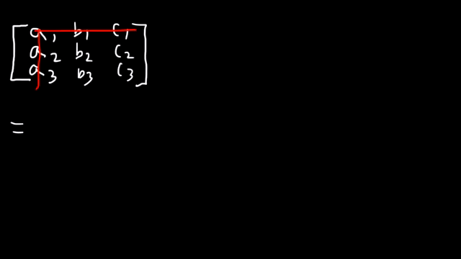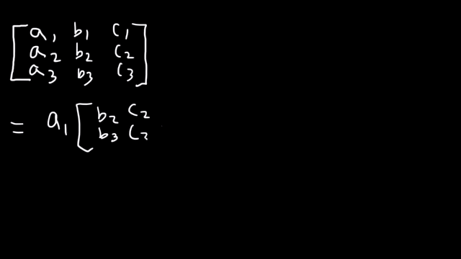And notice what you have left over: B2, C2, B3, C3. So you're going to use A1, and it's going to be reduced to a 2x2 matrix. So it's going to be A1, and then B2, C2, B3, C3. When you cross out row 1 and column 1, you'll be left with B2, C2, B3, C3.